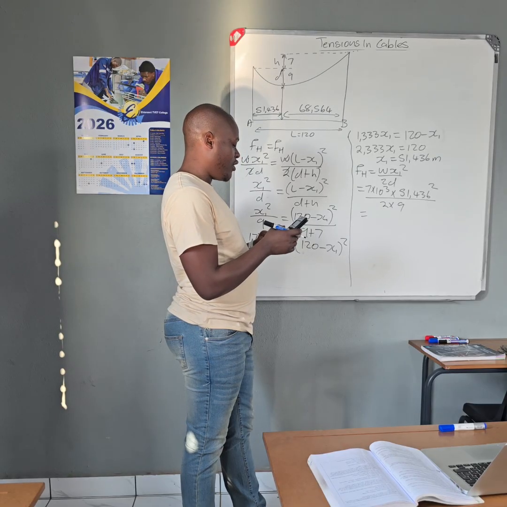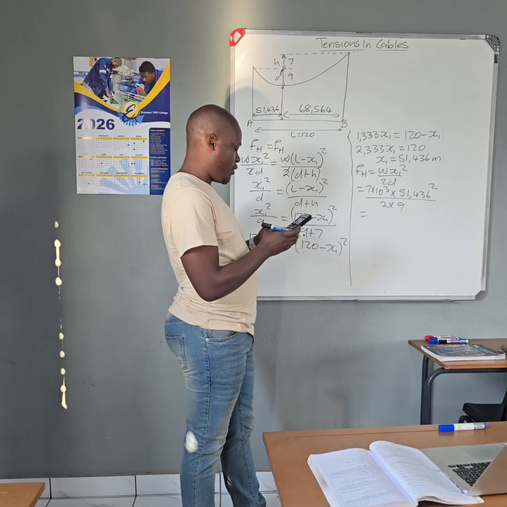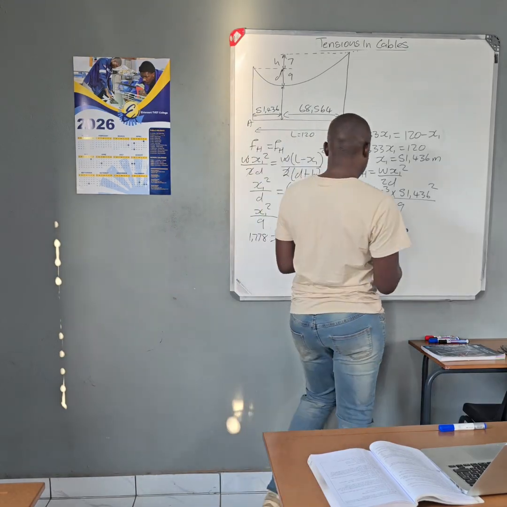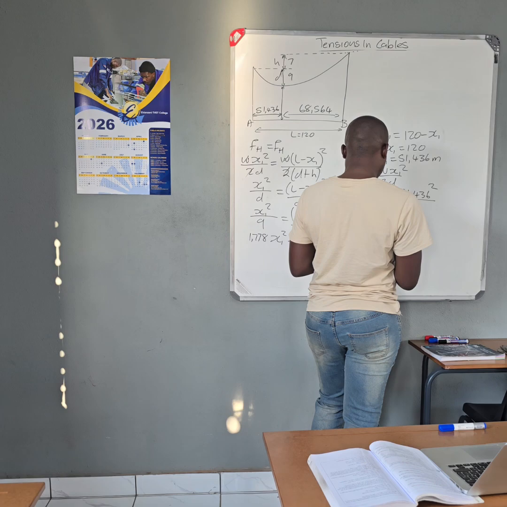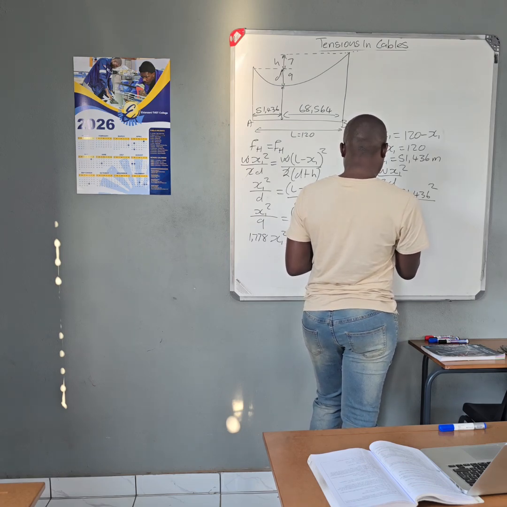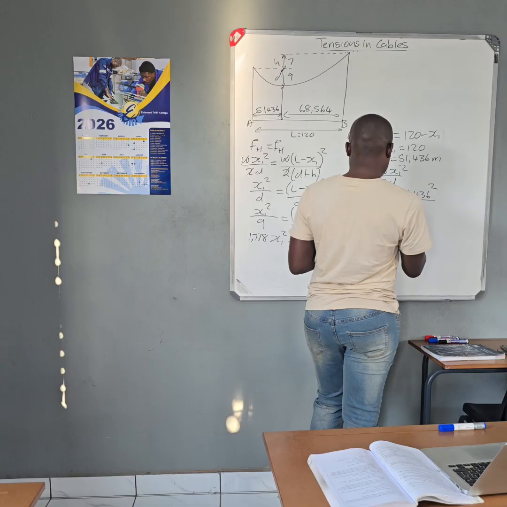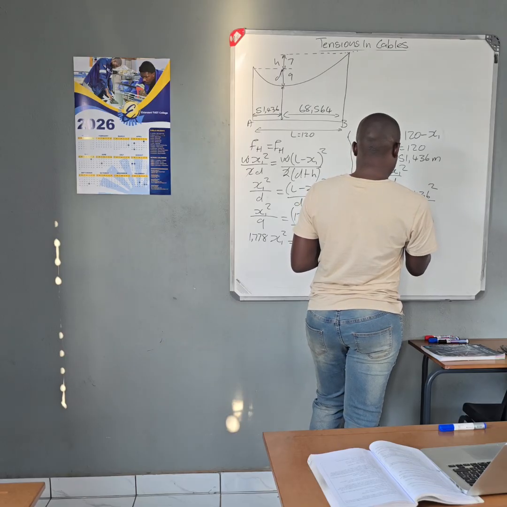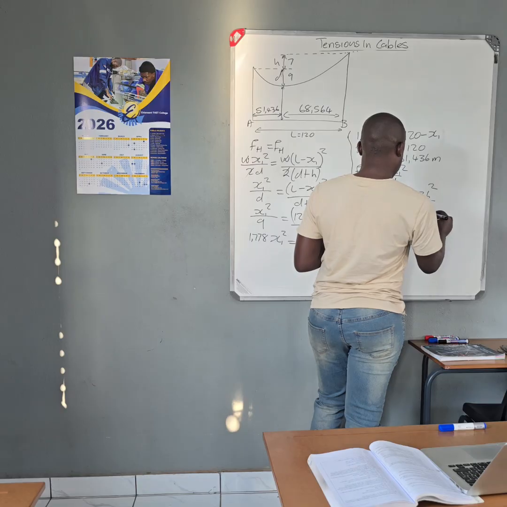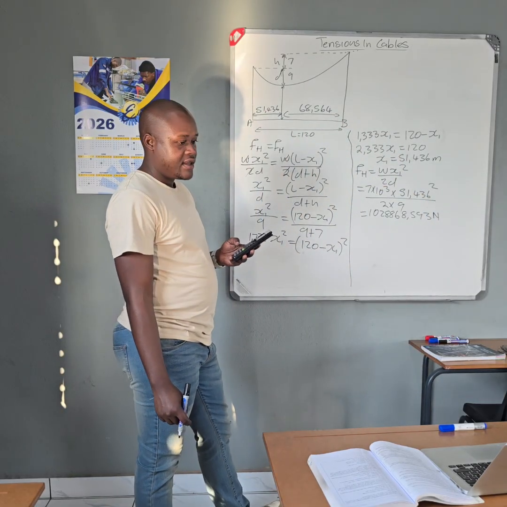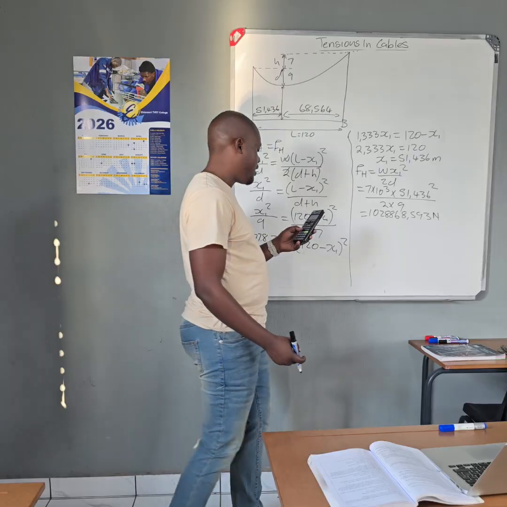7 times 10 to the power of 3 multiplied by 51.436 squared, all this divided by 2 multiplied by 9. You get what for both cables? 1,028,868,598 newtons. Right? Then let's take it to meganewtons.